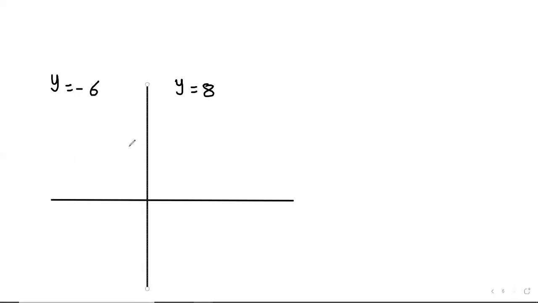How can we draw this equation? Here it's -1, -2, -3, -4, -5, -6. So y equals -6 here. And y equals 8. We will go up here 1, 2, 3, 4, 5, 6, 7, 8. y equals 8.